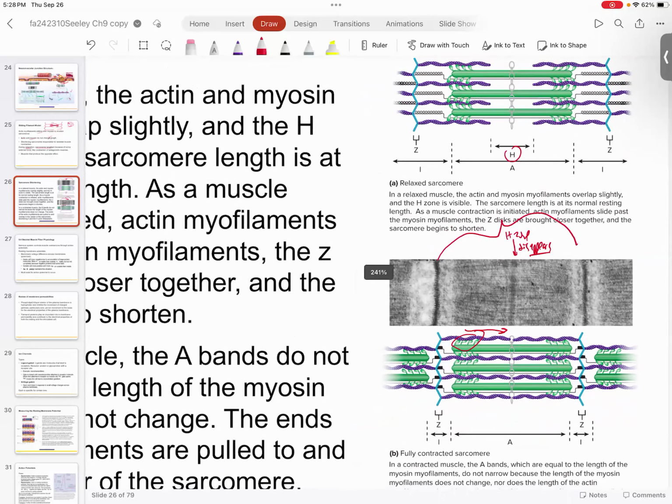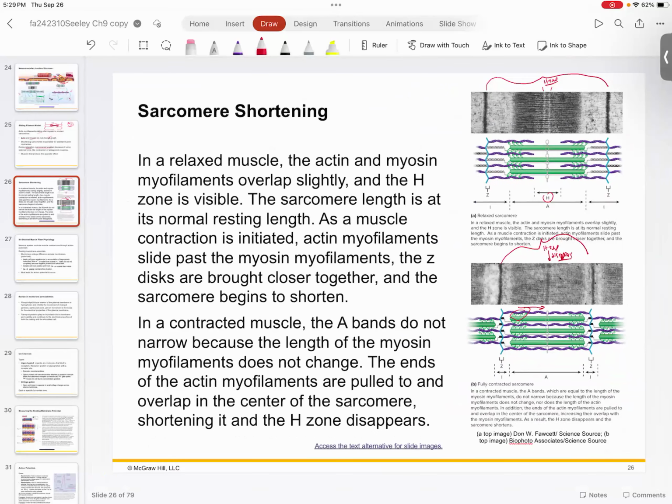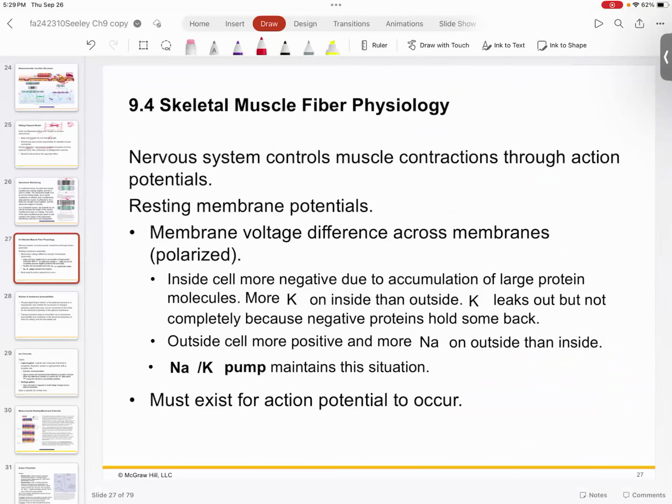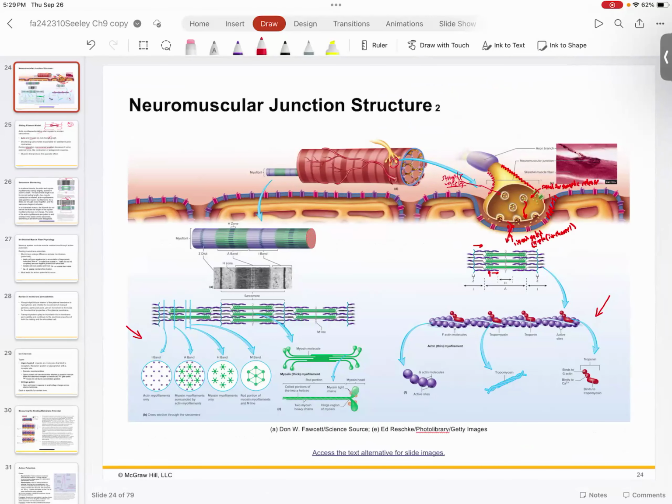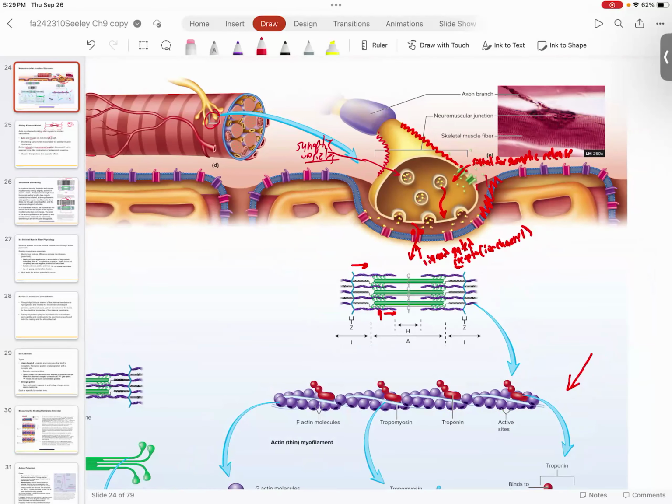And so when you do that across multiple sarcomeres, it's going to shorten the muscle, and that muscle is going to create tension. Now, one of the important things is this contraction mechanism is going to be stimulated by the action potential that jumps over the synaptic cleft.